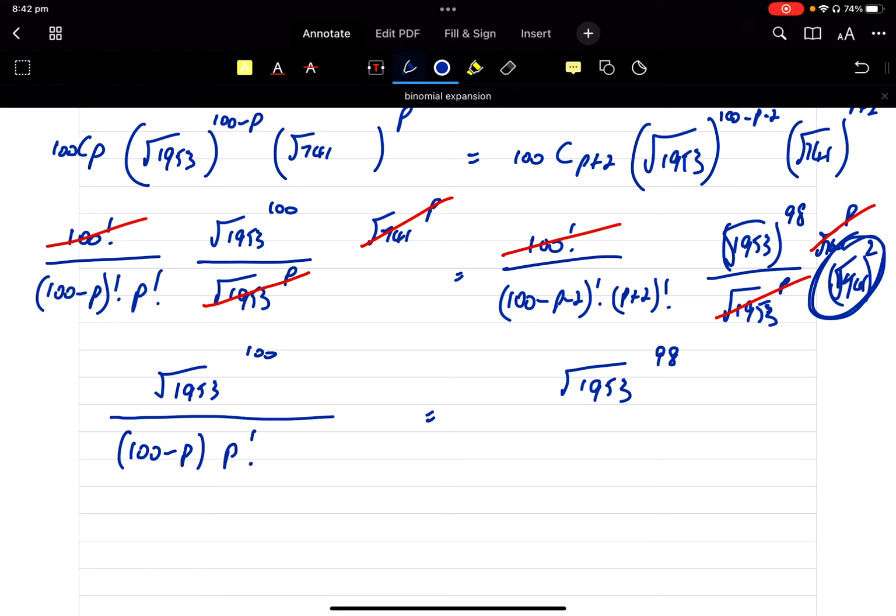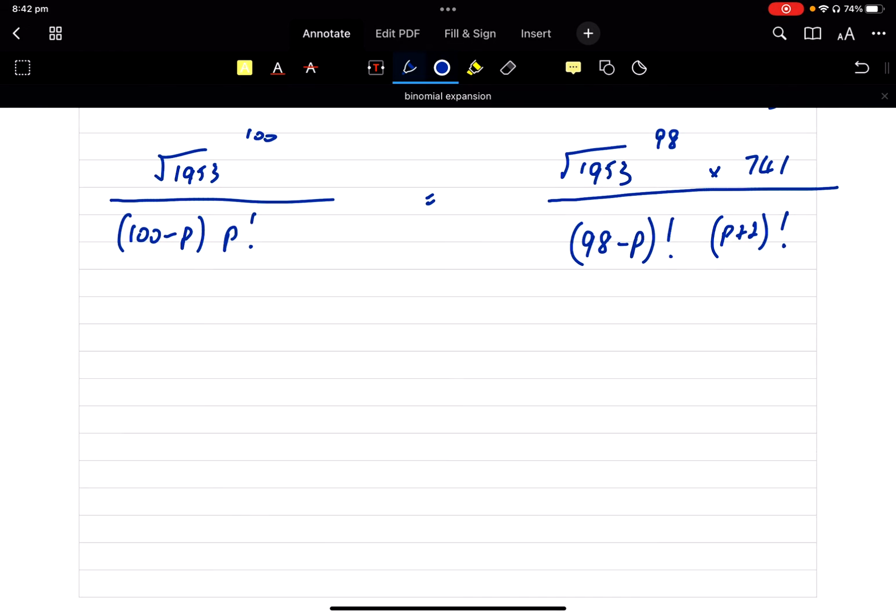This thing here is in the numerator, remember, I just couldn't fit it in, and it's root 741 squared, which is just 741 on, there's a p plus 2 factorial, and this other one is 100 minus 2. Whew, okay, there we go.